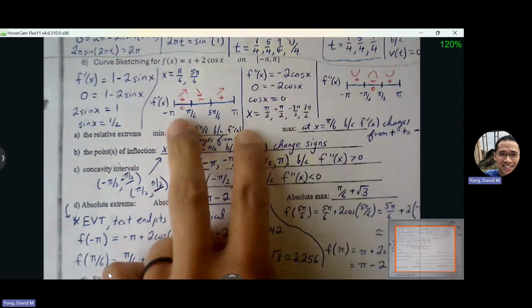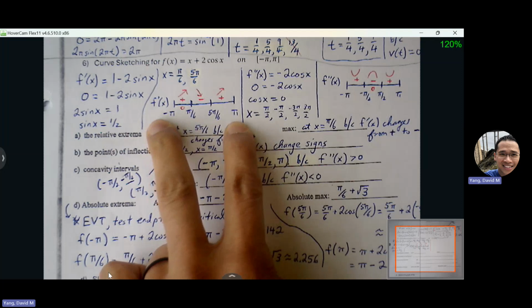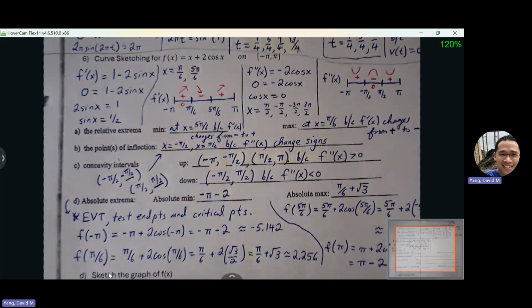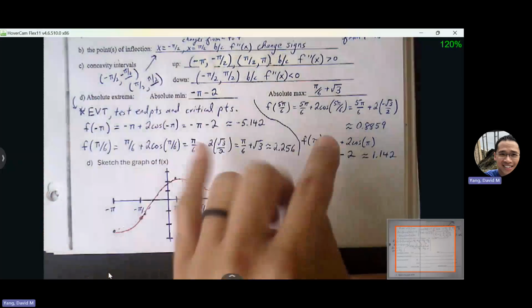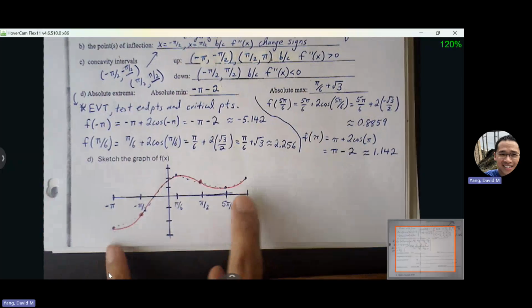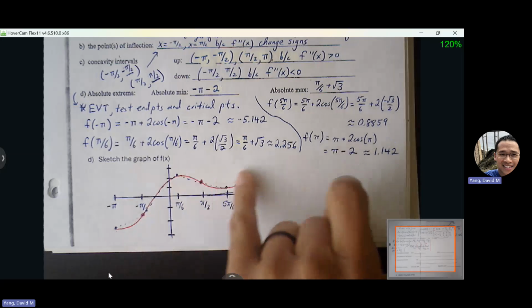And then basically you're just pulling from your slope sign line. All this you want to test. And they also give you the endpoints that you need for your graphing.